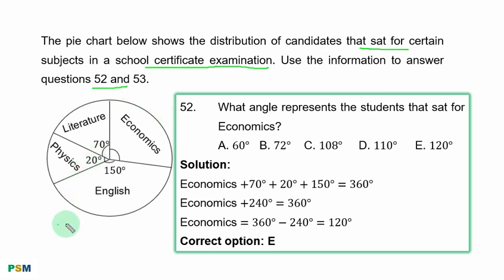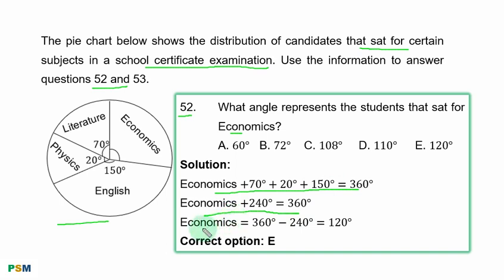You have the pie chart. Question 52. What angle represents the students that sat for economics? Solution. If you add all the angles in the pie chart, the sum is equal to 360 degrees. You have it in this form.